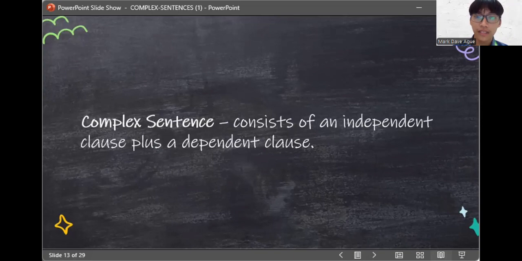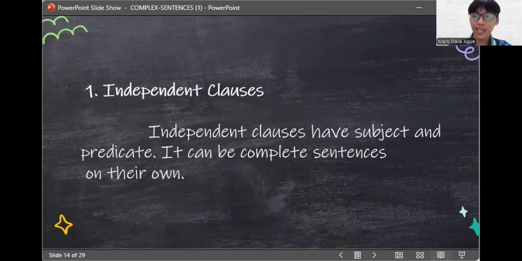So all of us know already what subordinating conjunctions are, right? Yes, sir. Okay, good. Now, a complex sentence has independent clauses, which have a subject and predicate. It can be a complete sentence on its own.